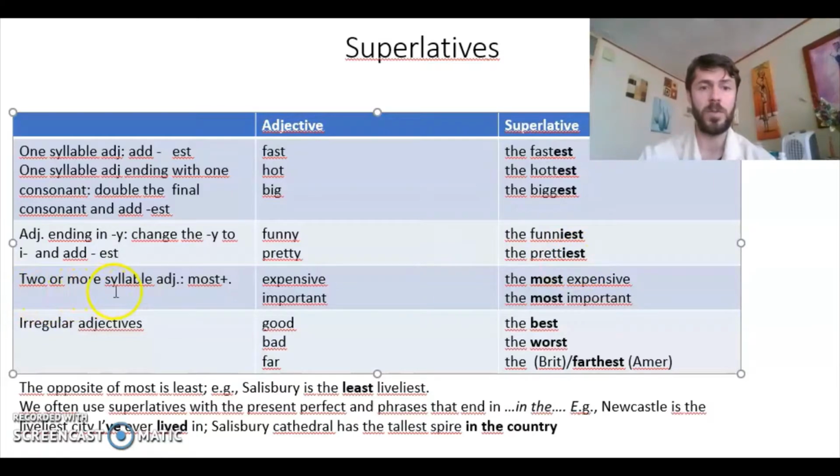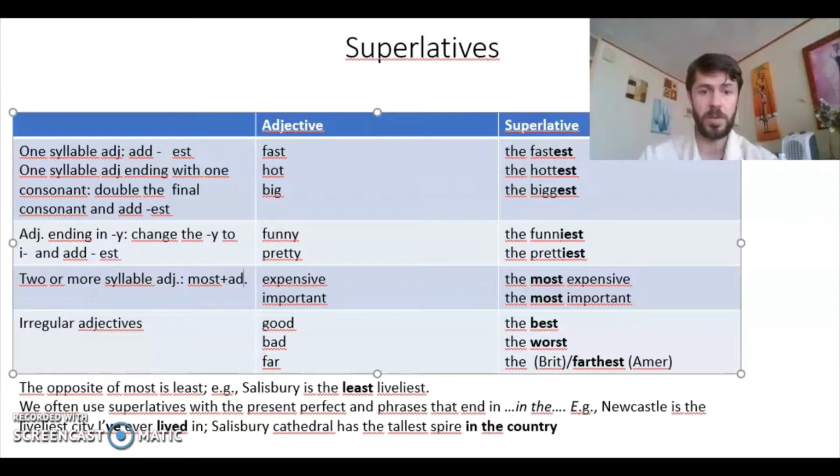Two or more syllable adjectives. So we need here most, and it's most plus what? Because we have expensive, we have the most expensive. So important here is it's only the adjective.